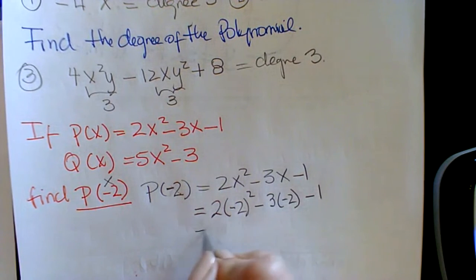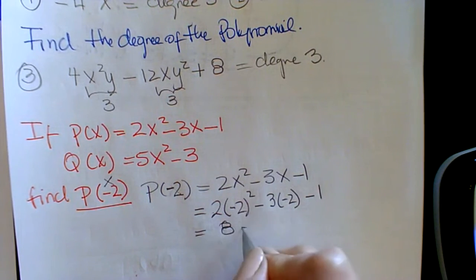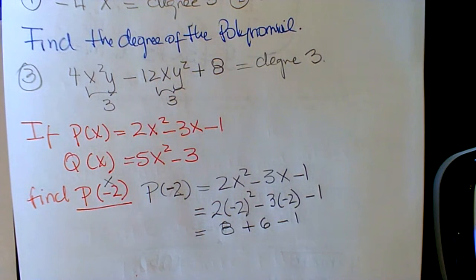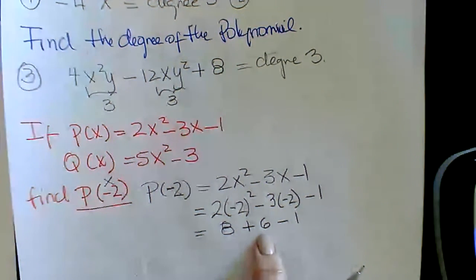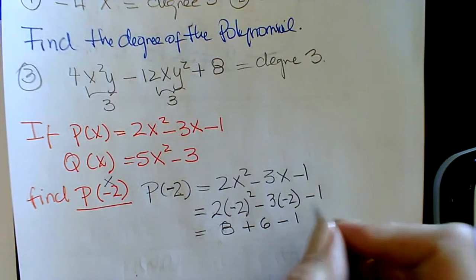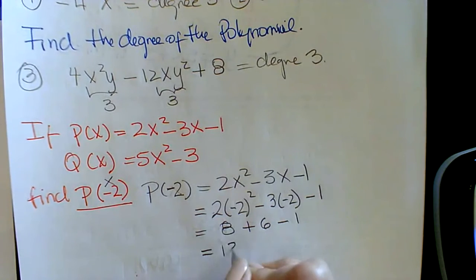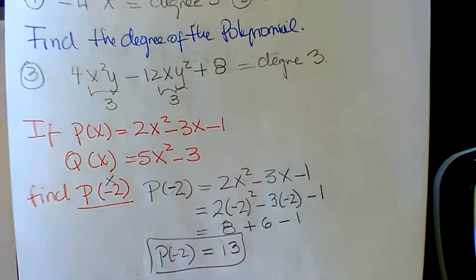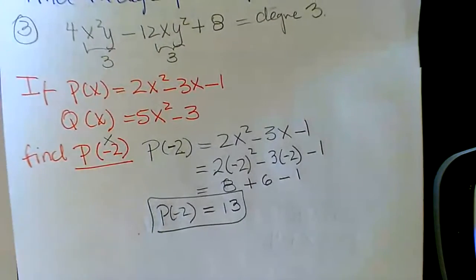So we have a 4 here, times 2 is 8, plus 3 times 2 is 6, minus 1. Is 14. Minus 1 is 13. So P, when x is equal to -2, is 13.